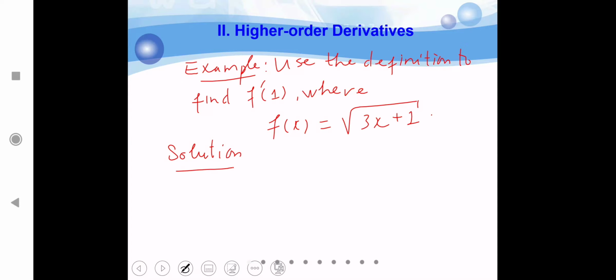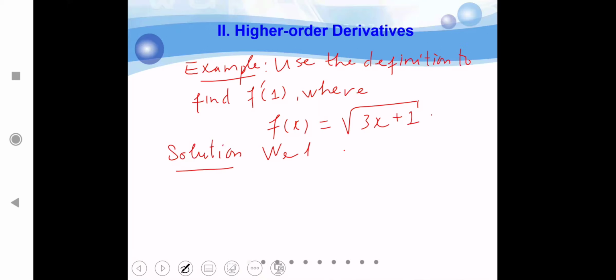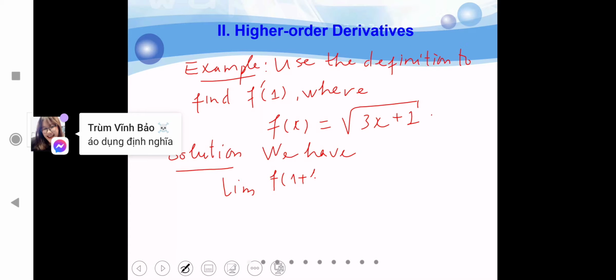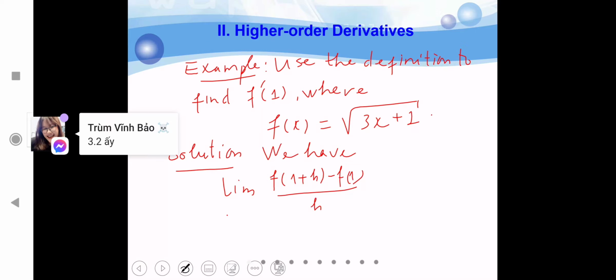We consider the limit of f(1 plus h) minus f(1) over h.